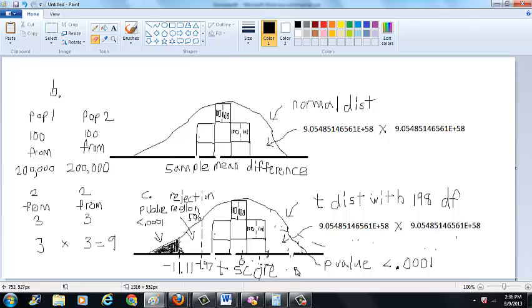Our t-score is down here at the negative end this time. We have our other critical value up here at 1.97. We draw another dotted line up here. We have a rejection region at the left end that's 2.5% because it's a two-tailed test.